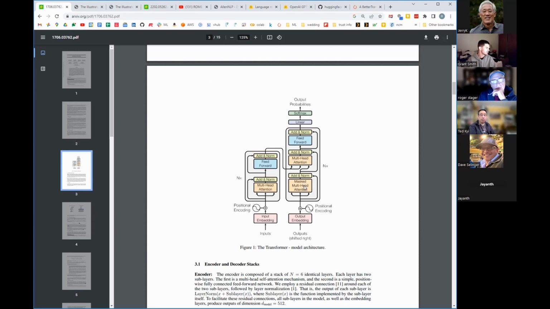This architecture in the original paper was for translation. So if you put French in on the left in the encoder, then it's generating weights to represent the meaning of that French sentence. And then on the right, you input the English one word at a time.